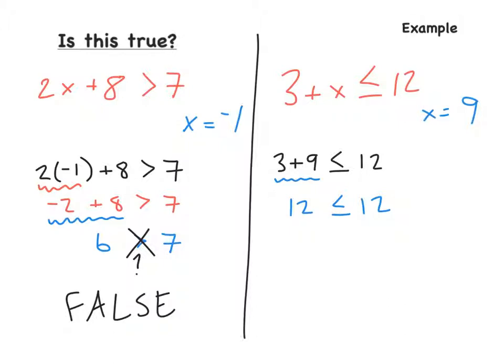Now, is 12 less than or equal to 12? Yes, it is, because this part right here, where it has the or equal to, is what makes this true. So 12 is equal to 12. This is a true inequality.